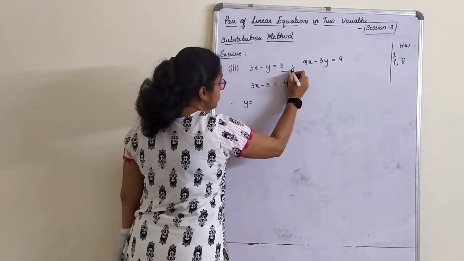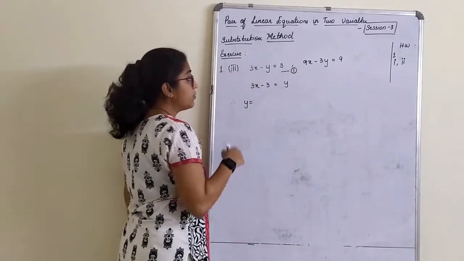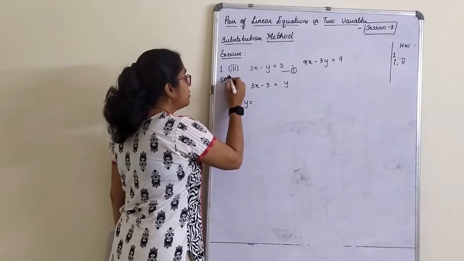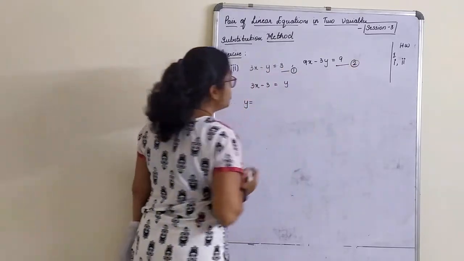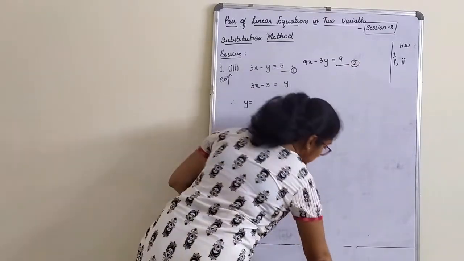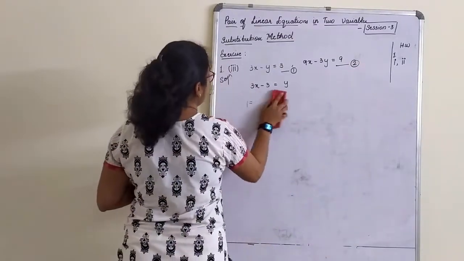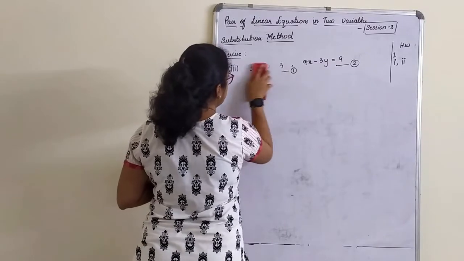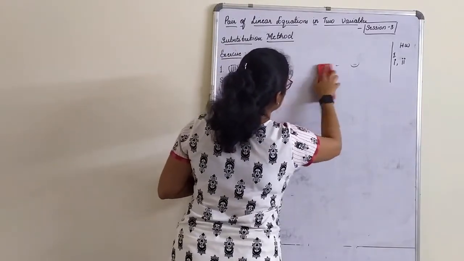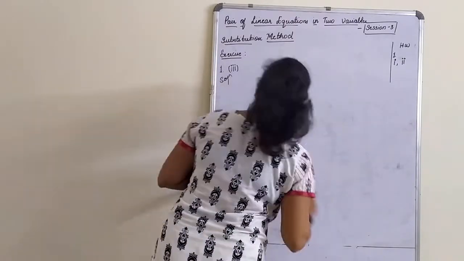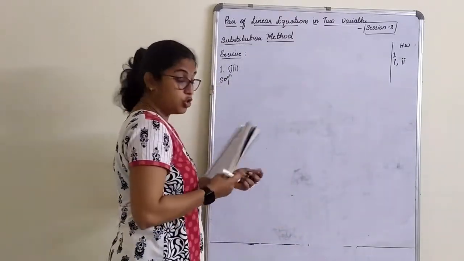As soon as you write the question, rewrite it once again in the form of a solution, and name them equation 1 and equation 2. It's better if I write it and show you neatly, because the first sum is done correctly, and you will follow the same method.